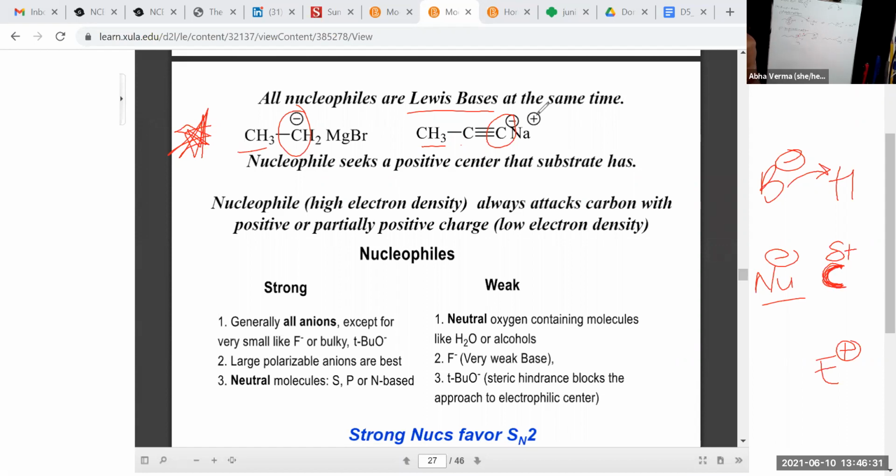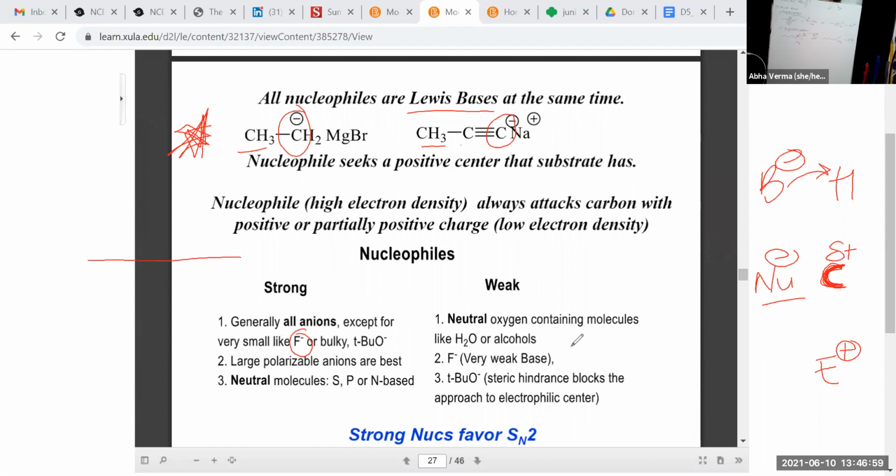Most of the time it will be a carbon which will be the electrophile. Between strong and weak nucleophiles, just remember, weak ones like water and ammonia, all of those neutral molecules, will be our weak nucleophiles. Among the strong nucleophiles, all of our anions except for fluoride will be strong nucleophiles.